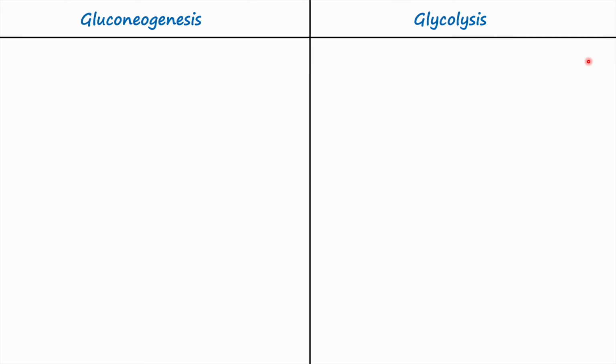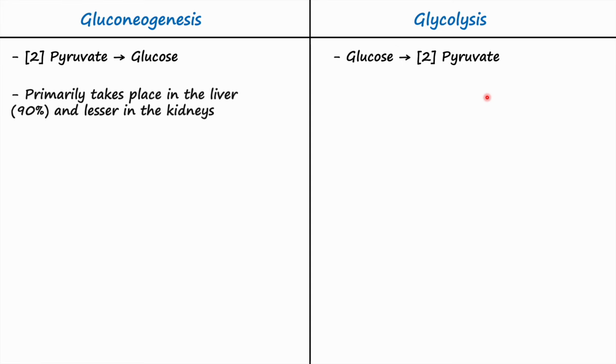And lastly, I quickly wanted to talk about the comparison of the pathways, gluconeogenesis and glycolysis. In gluconeogenesis, 2 molecules of pyruvate synthesize 1 molecule of glucose, whereas in glycolysis, 1 molecule of glucose is broken down into 2 molecules of pyruvate. Gluconeogenesis primarily takes place in the liver, which accounts for 90% of the pathway, and to a lesser extent in the kidney and the small intestine.